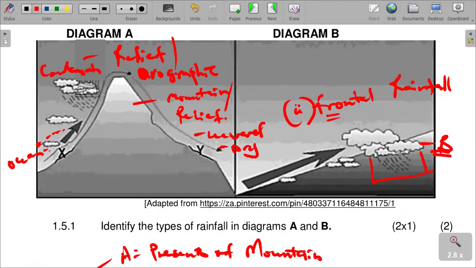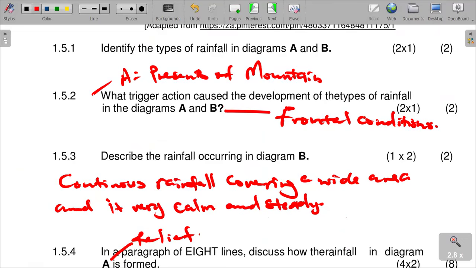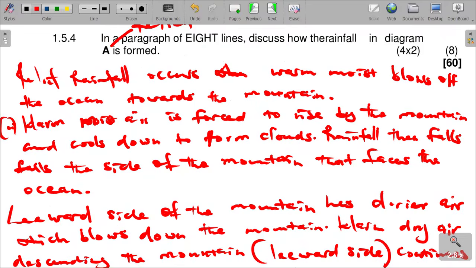When the condensation occurs, rainfall falls on the side of the mountain facing the ocean. The other side keeps on drying because the hot air that is descending keeps on drying the land. It keeps on descending and drying the what? The leeward side. That is what you need to understand.